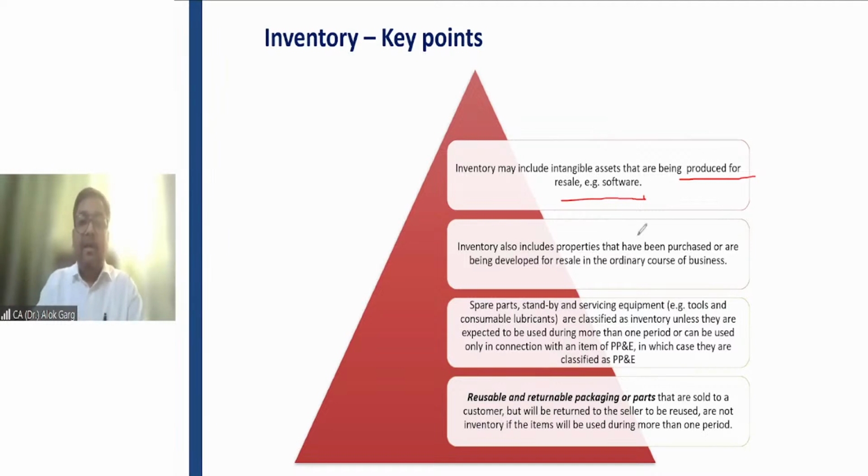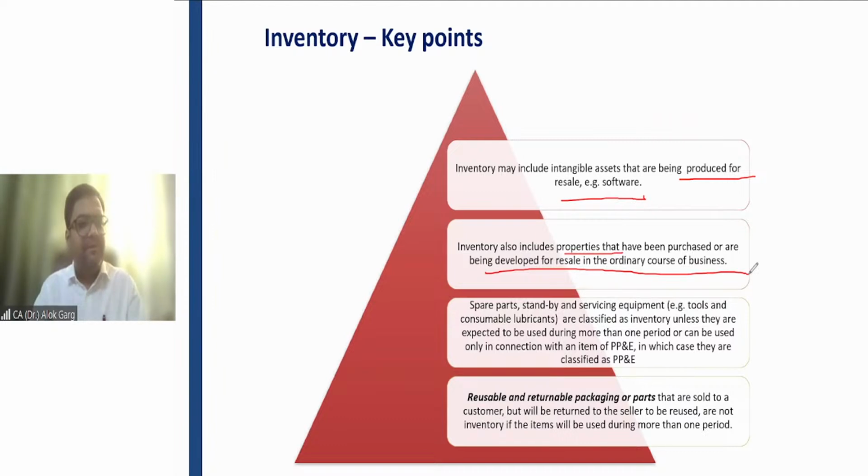Inventory also includes properties that have been purchased or are being developed for resale in the ordinary course of business. Godrej Properties, DLF, M3M. Have you heard about these companies? Hiranandani, Godrej Properties, DLF, M3M. You must have heard about these companies.